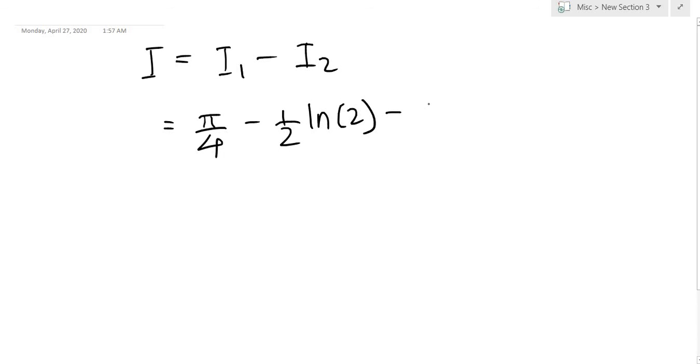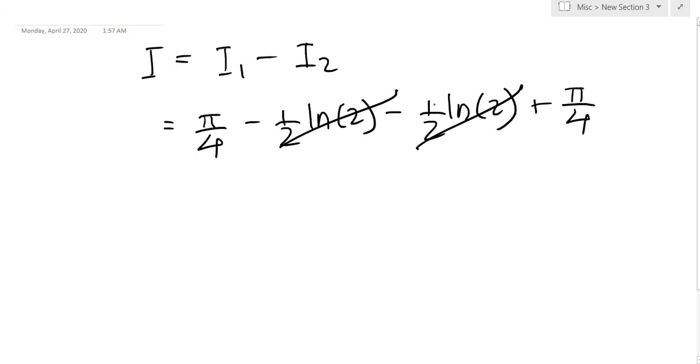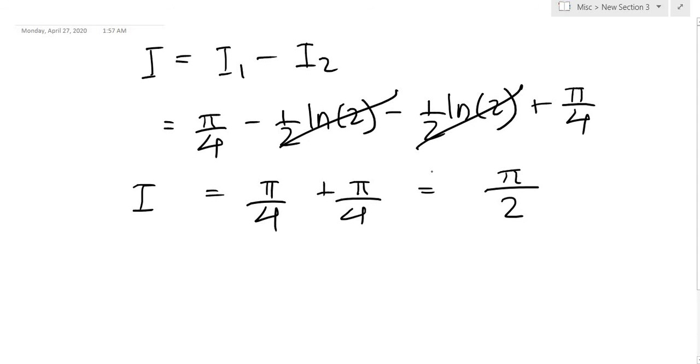So I2 was negative half natural log of 2 plus pi by 4 because of this negative. So these natural log terms cancel out, and we have a pi by 4 plus a pi by 4. And if you know how to add fractions, that's 2 pi by 4, which is nothing but pi by 2. So I is precisely pi by 2.